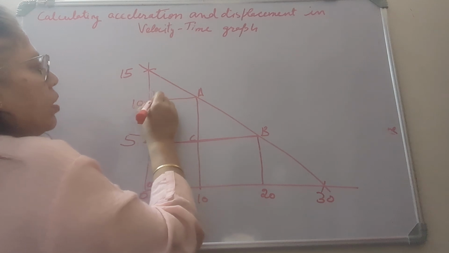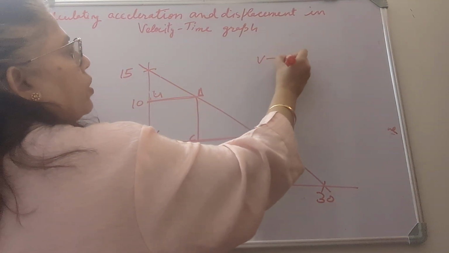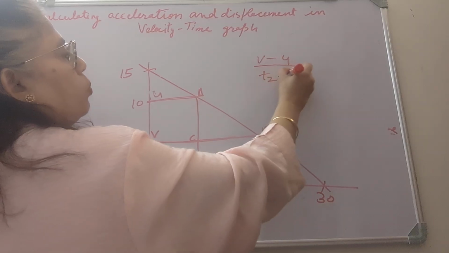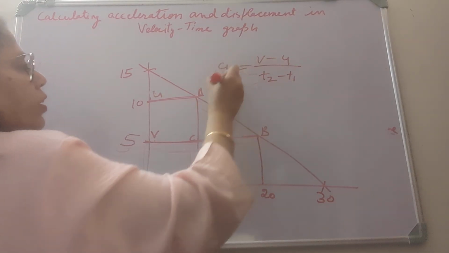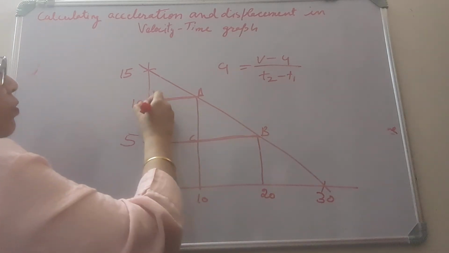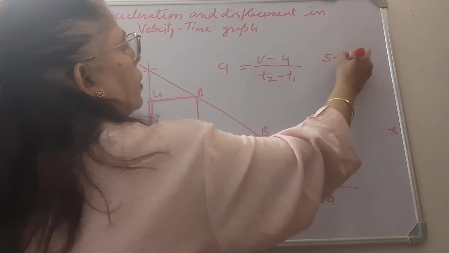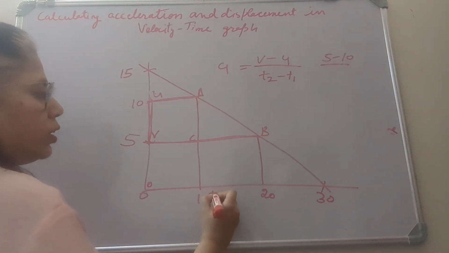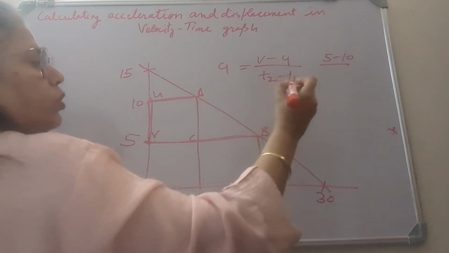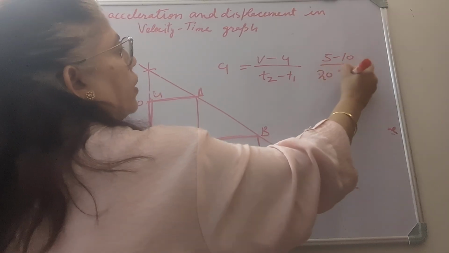Our acceleration is V minus U upon T2 minus T1. V minus U here is 5 minus 10. This is T1, this is T2. T2 minus T1 is 20 minus 10.